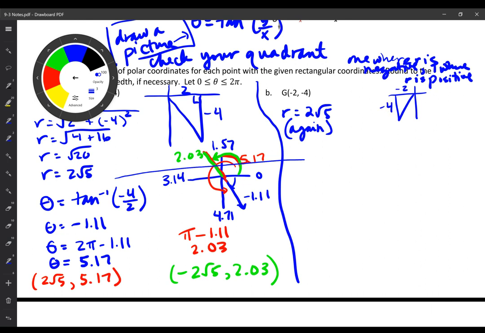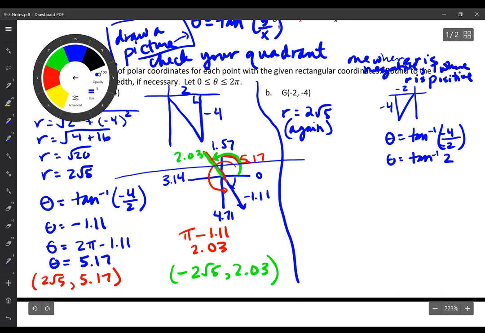So my tangent of theta would be -4 over -2. So theta is going to equal tangent inverse of -4 over -2. So this time I'm just doing tangent inverse of 2. So that's going to be now a positive, when I do this on my calculator, 1.11.